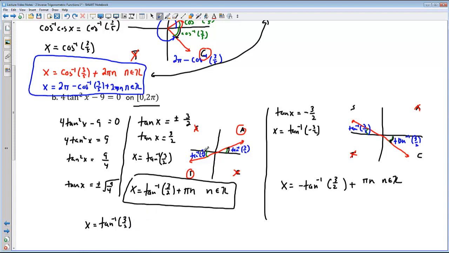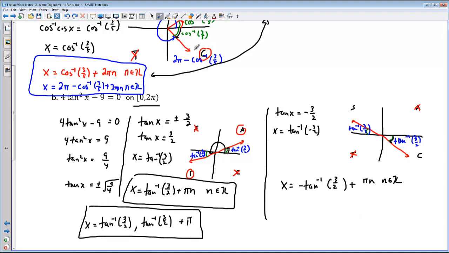And then we wonder if we add pi to it, what do we get? We get the second one here. So then we have tan inverse of 3/2, and then we add pi. And so this is that second answer, starting here, going here. But if you add another pi, if n is 2, then it goes too far because it comes back up here, so that's bigger than 2 pi. So these are the two answers that we want right here.